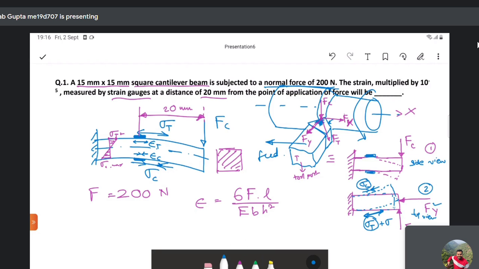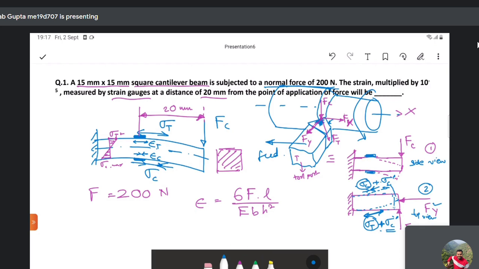So I'm just adding this sigma c dash, which is due to the effect of Fy. This compressive load will be negative, so this positive sign will turn negative if we add them, since both are negative, they will add up ultimately. Anyway, I'm not going into those details.